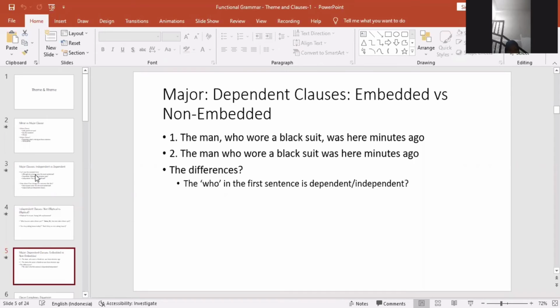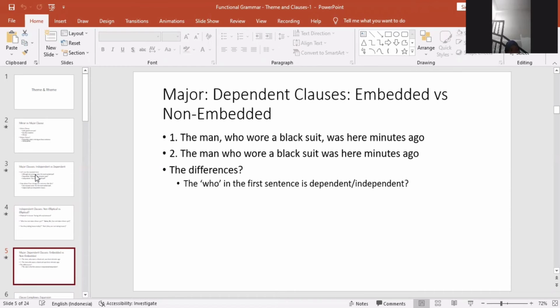So here the first: "The man who was a blacksmith was here minutes ago." It is not embedded. It is a dependent clause which adds a lot of information. And here are two pieces of information from this clause complex.